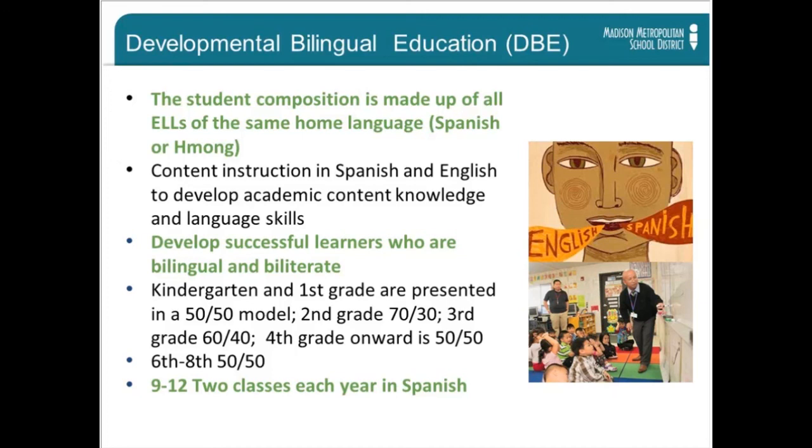In our case, we offer developmental bilingual programs in Spanish and Hmong. And we provide access to grade level content area knowledge and language skills. Our model is a 50-50 model, meaning that 50% of the instruction is in one language and 50% of the instruction is in the other language.